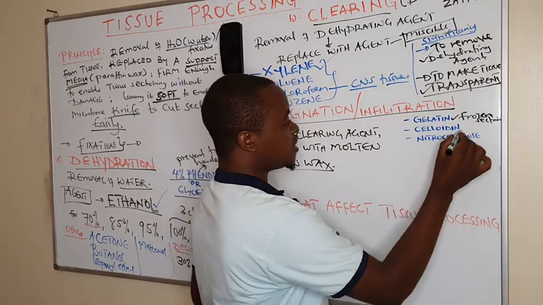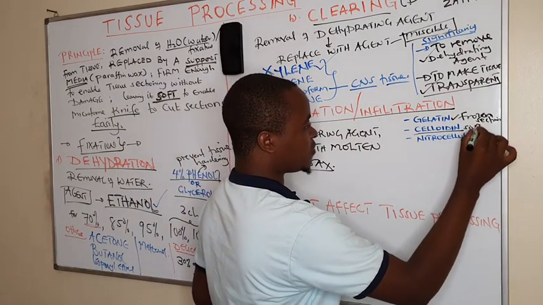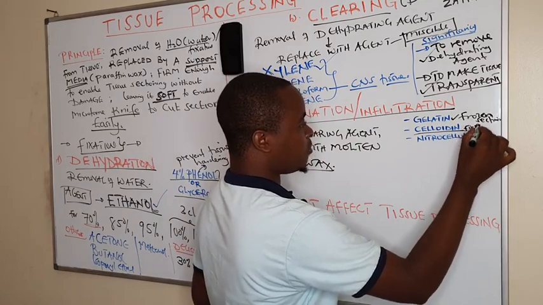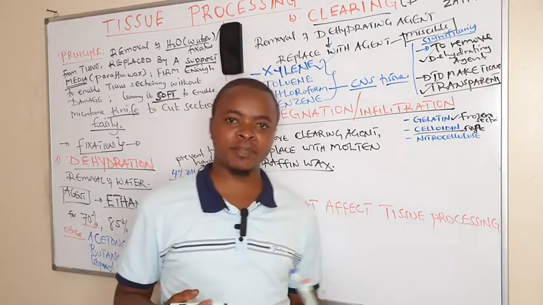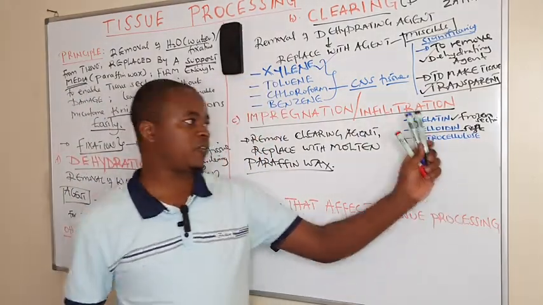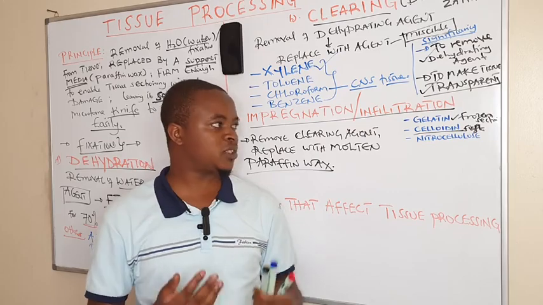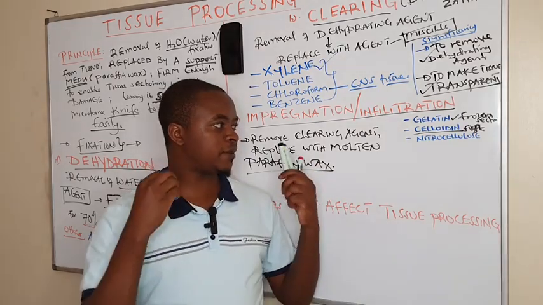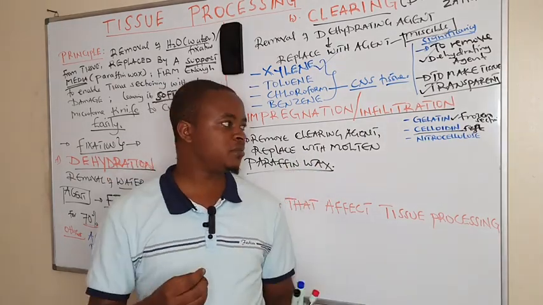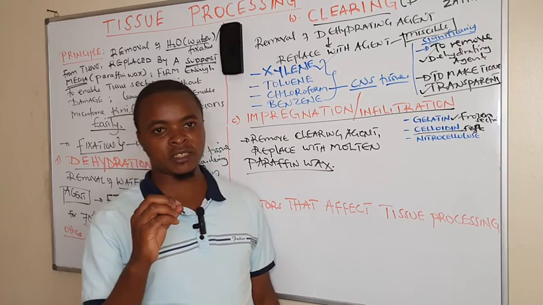Then celloidin is good for soft tissues. So if they bring among the multiple choice questions which of the following is the best impregnating media for frozen sections, that is gelatin. And if they ask which is the best impregnating media for soft tissues, that is celloidin.